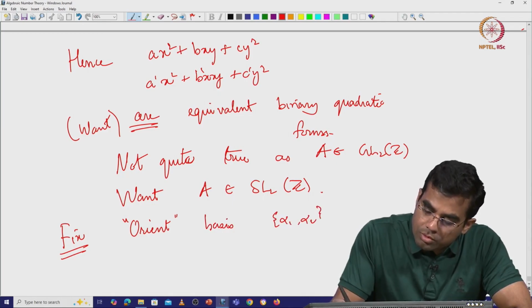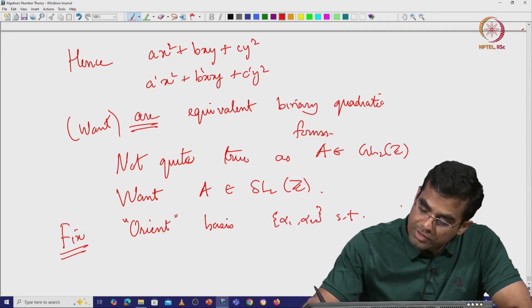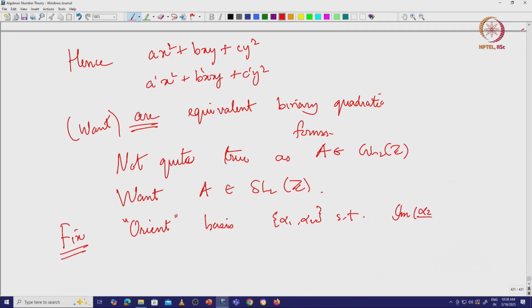alpha 1, alpha 2 such that the imaginary part of alpha 2 by alpha 1 is bigger than 0, it is positive. This is a convention that we always take, and similarly alpha 1 prime and alpha 2 prime are such that the imaginary part of alpha 2 prime by alpha 1 prime is bigger than 0. It does not matter which order you take them in, as long as you are consistent: you either take alpha 1 by alpha 2 or alpha 2 by alpha 1.